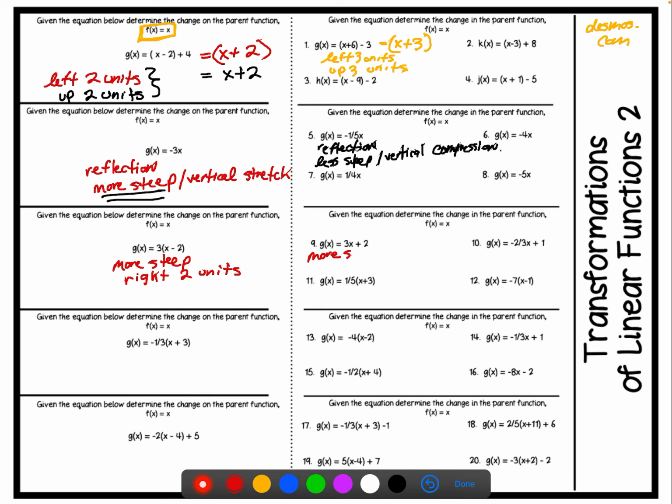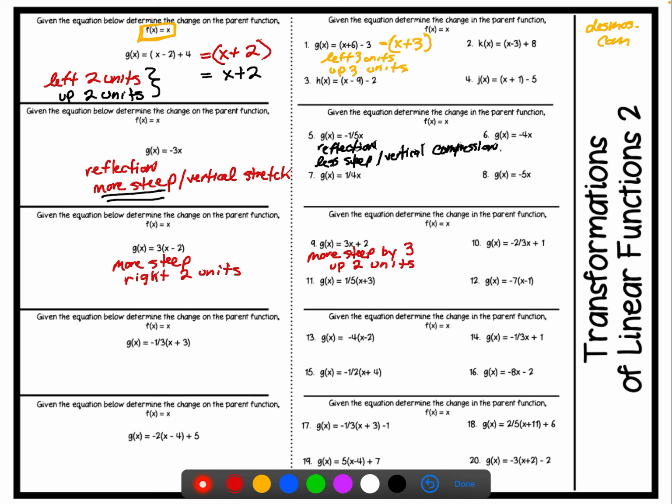More steep by 3, also known as a vertical stretch. And that plus 2 is not inside parentheses, so we're going to say this goes up 2 units. Now I want you to take a stab at 10, 11, and 12. Always verify what I've said in your graphing calculator using Desmos.com.